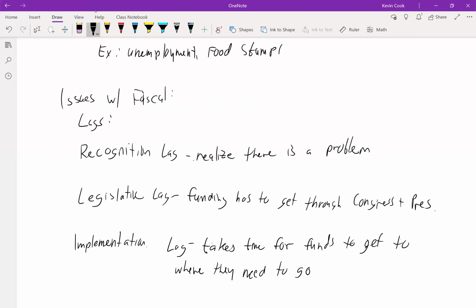I think tomorrow they have all their direct deposits taken care of, but after that they're going to start rolling the checks out. Starting next week, if you're in that lowest income bracket, you get checks first. The second bracket will be 2 weeks, third 3 weeks, and so on. So you have the implementation lag, and these put together can potentially cause issues with our fiscal policy.